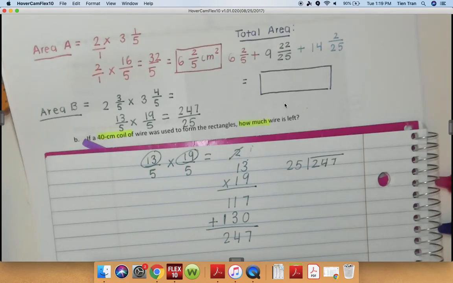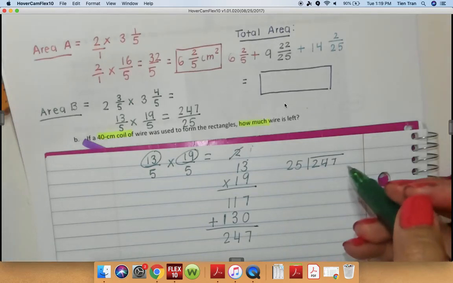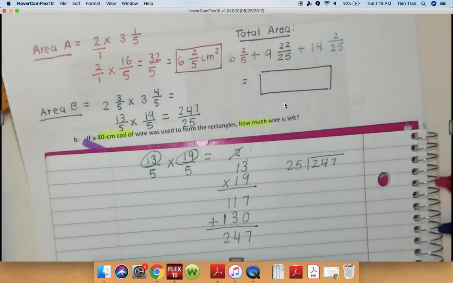I'm thinking of quarters when I'm thinking of 25 because that helps me remember how many quarters can go into a dollar, and I know that 4 quarters can go into a dollar. So for this one, it looks like you have $2, so it's going to be 8 quarters, right? $2, 8 quarters. And I'm figuring out how 47, I can't really do 2 more quarters and 8, right? So it cannot be 10, but it's going to be 9.